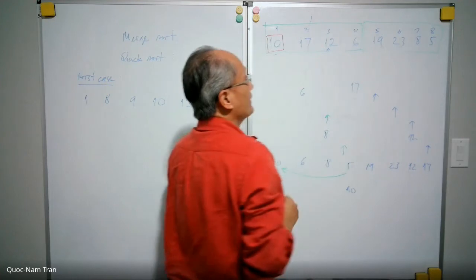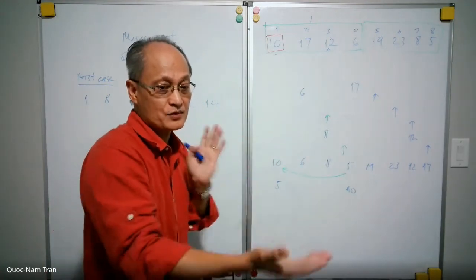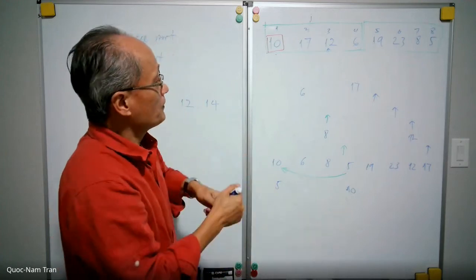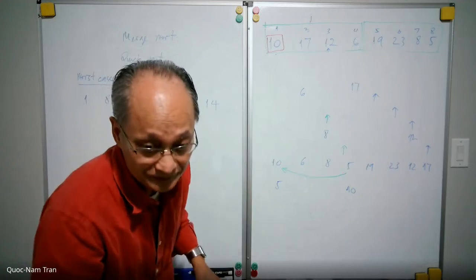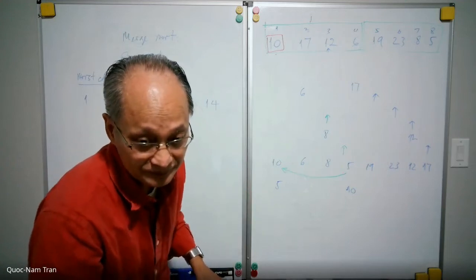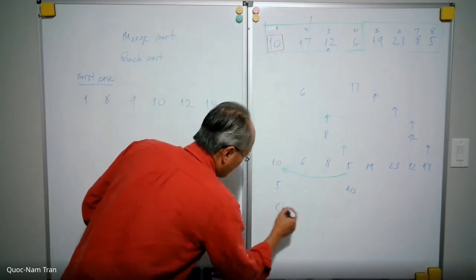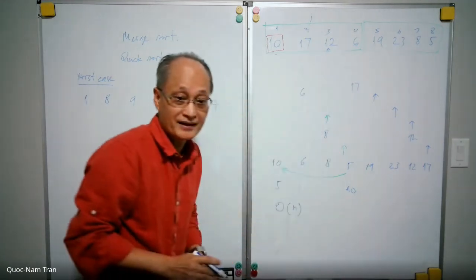Comparison takes only one step, swap another step. So for the partition, what is the complexity? The partition takes big O(n), where n is the number of elements.